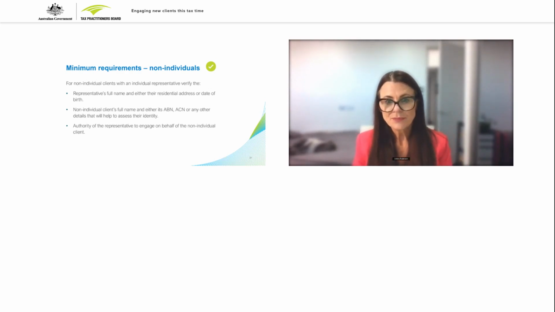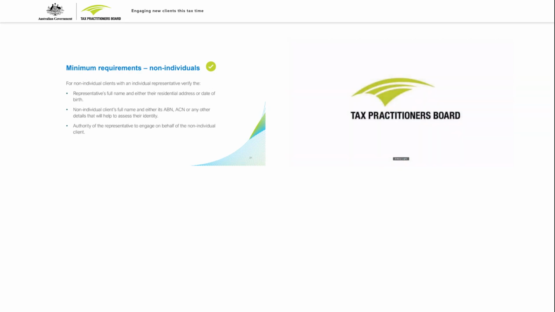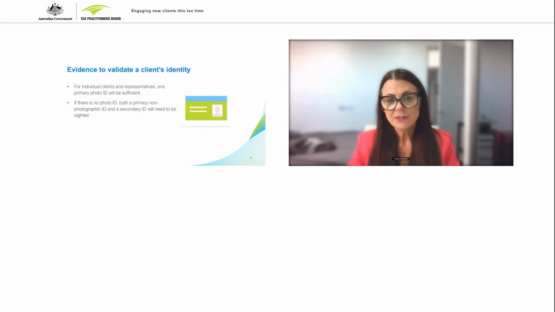Thank you. Could you also tell us what evidence a tax agent or BAS agent should cite to validate the client's identity? Sure. Great question. So for individual clients and their representatives, we require one primary photographic ID. So that could be things like a photo driver's licence, an Australian or foreign passport, or a government proof of age card.